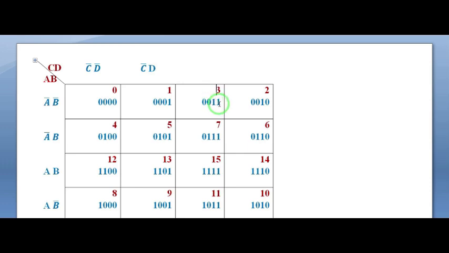Similarly, if you go for the third column, here row number 1, row number 2, row number 3, row number 4. All the 4 cells of column number 3, which are distributed into 4 rows, have 1 1. So 1 is used to represent the variable. Therefore it is C and D. Then we have the fourth column.